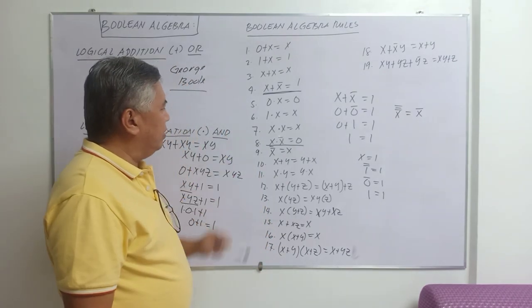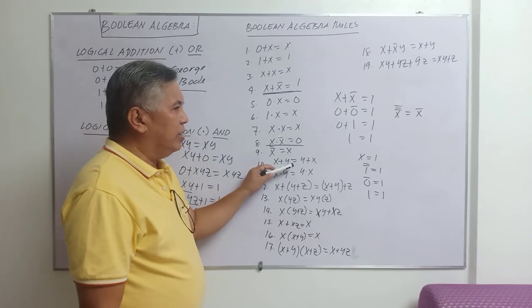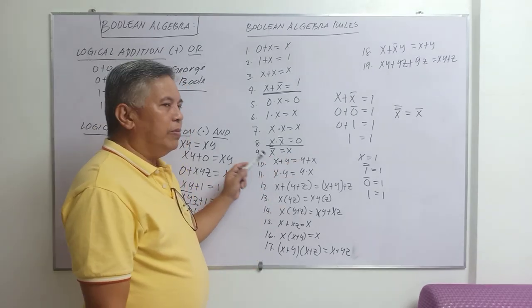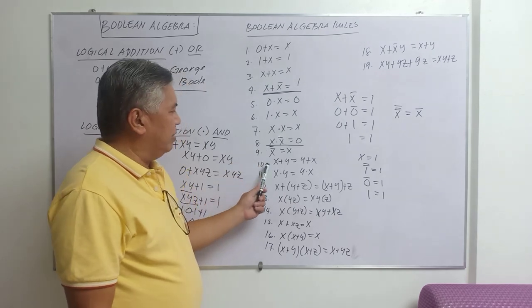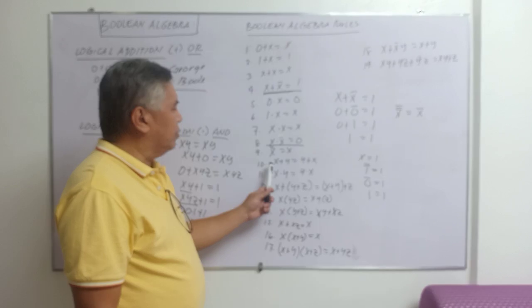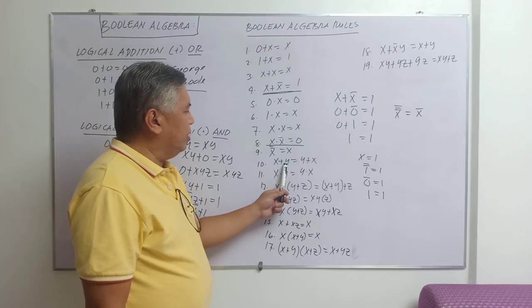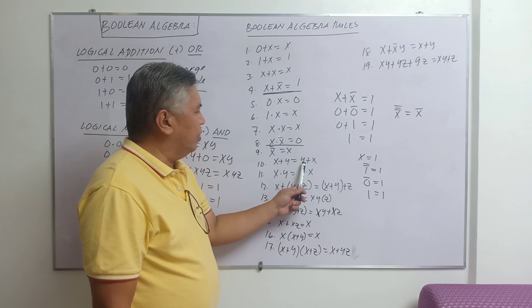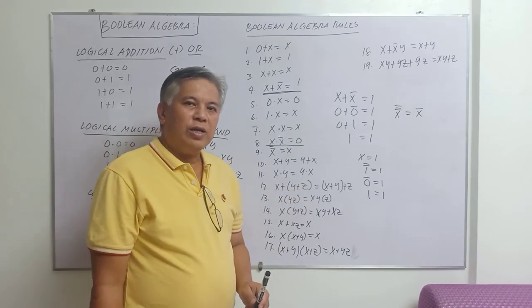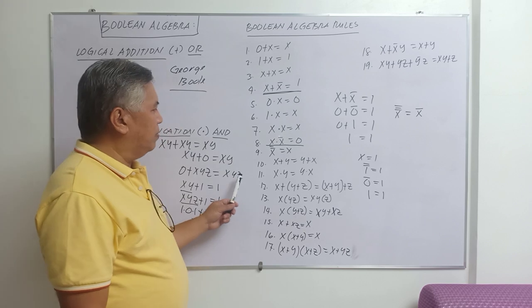Then rule number 10, x plus y is equal to y plus x. That is commutative law of addition, right? So you have, let's say for example, x is equal to 1 and y is equal to 0. So you have 1 plus 0 is equal to 0 plus 1. You have 1 is equal to 1. That is, again, commutative law of addition.